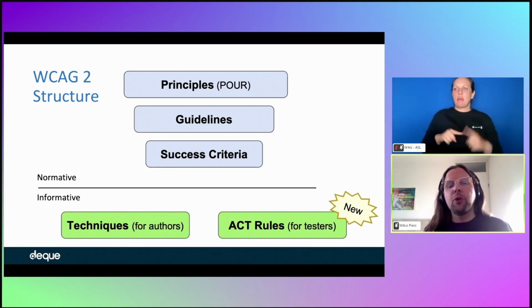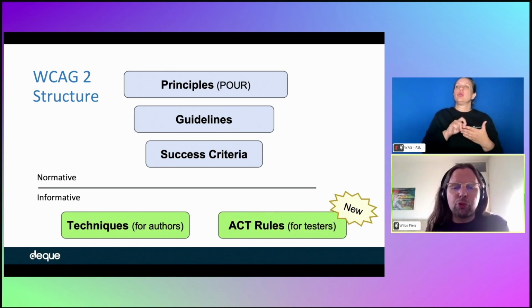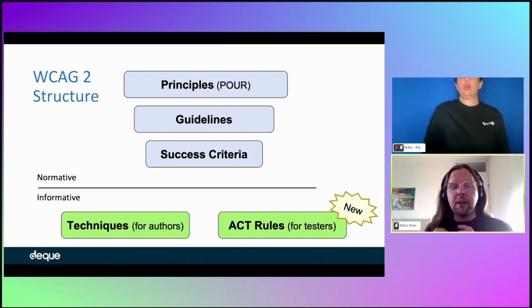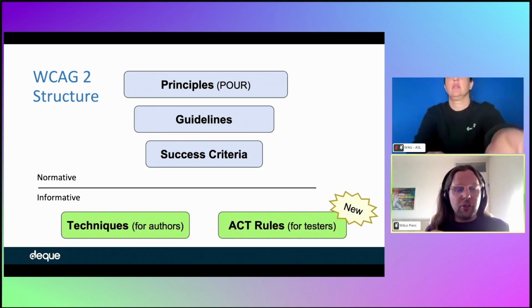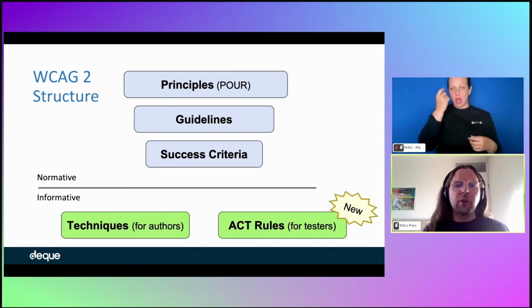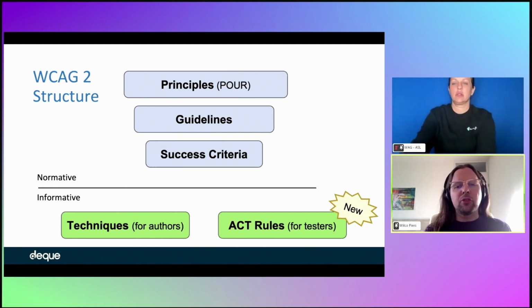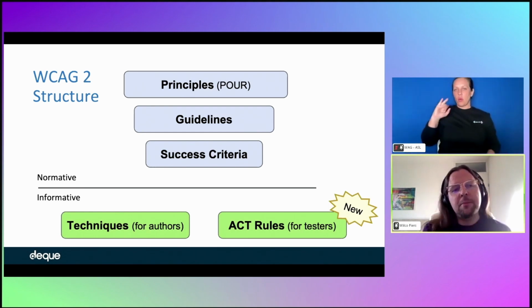But this newer approach is to write ACT rules, which in great detail tell testers how to make sure that something fits and really understand the nuances and details and figure out how to draw the lines when there's edge cases in WCAG. Next slide.